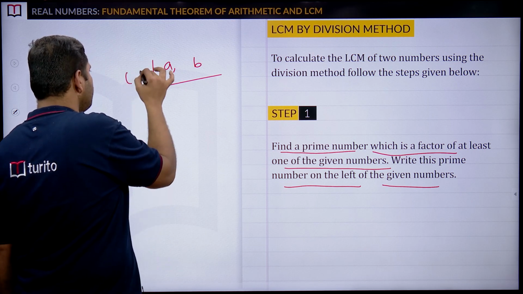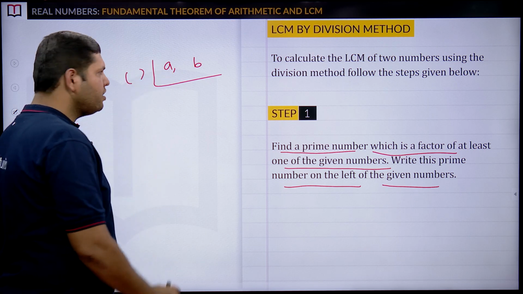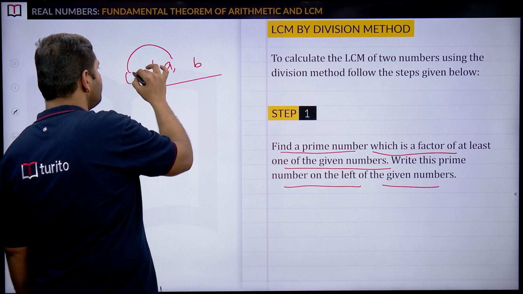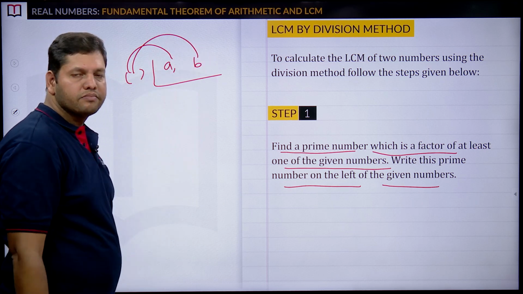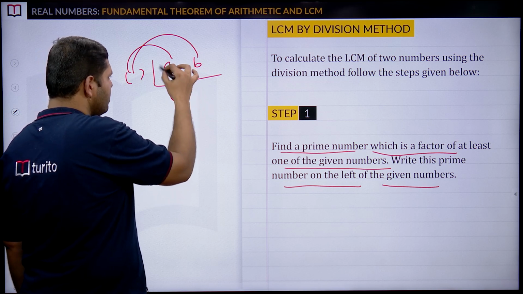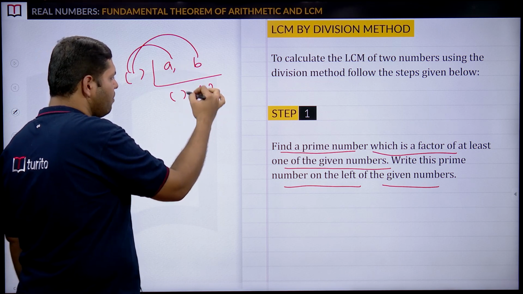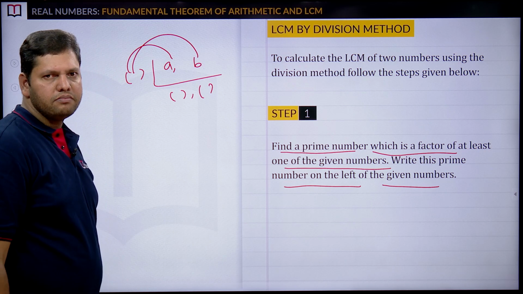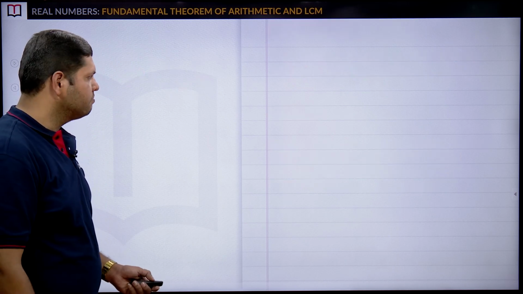Select one number, so that it divides A and divides B. Then after dividing, write down the quotient of A and the quotient of B. That is step number 1.